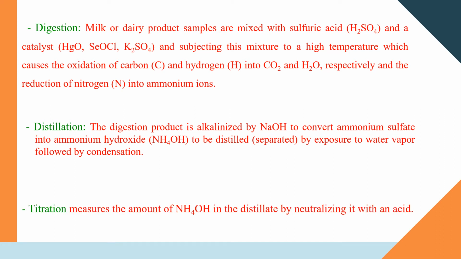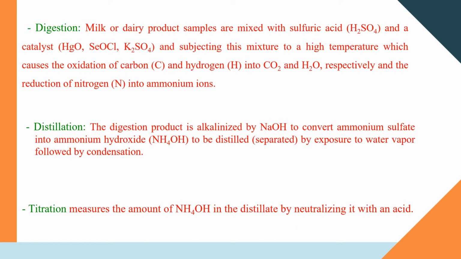The third step, which is titration, is about neutralizing the amount of collected ammonium hydroxide and boric acid in the flask by a suitable acid. And the amount of acid used for neutralizing ammonium hydroxide is calculated and used for the calculation of nitrogen content. Then we convert the nitrogen content into protein content by multiplication by the conversion factor.